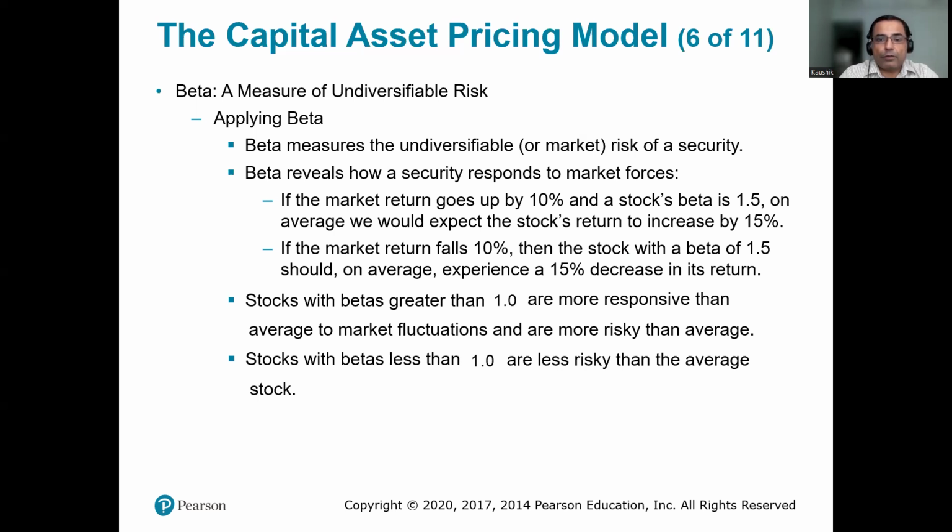Beta greater than 1 means these stocks respond more to market changes and hence are more risky. Beta less than 1 means these stocks have returns which change less as compared to market changes. So they are considered less risky.